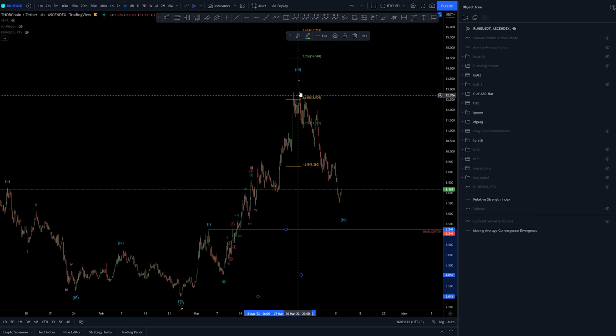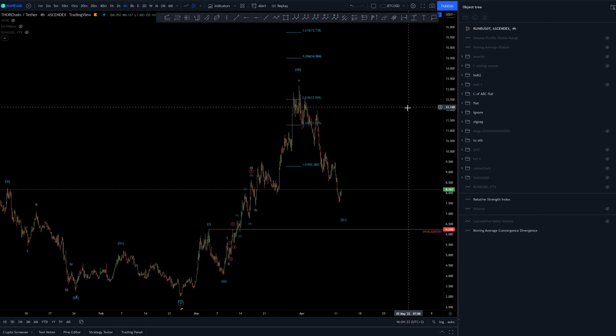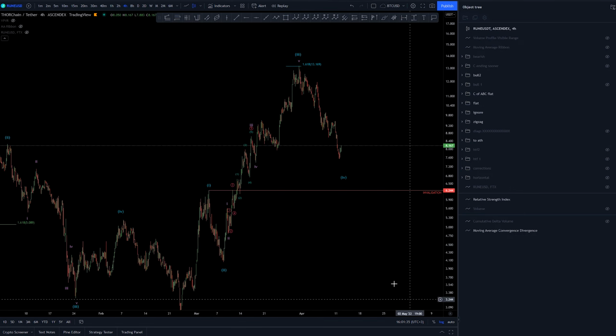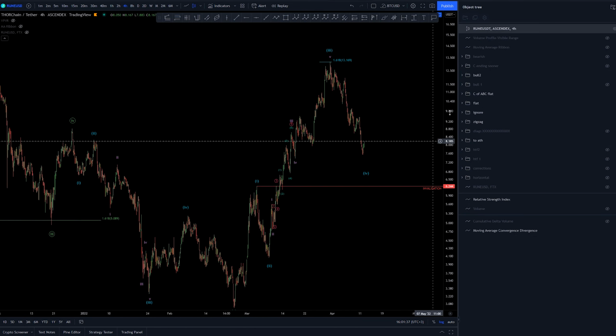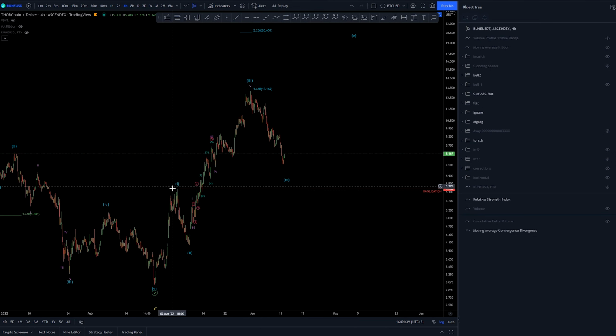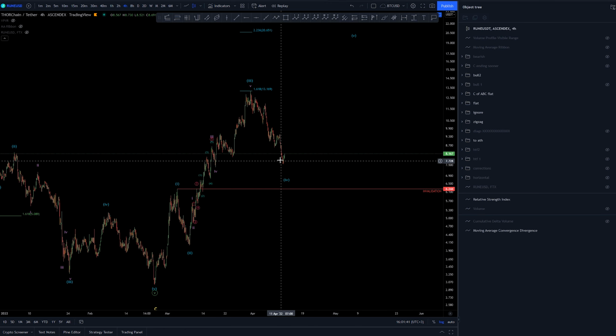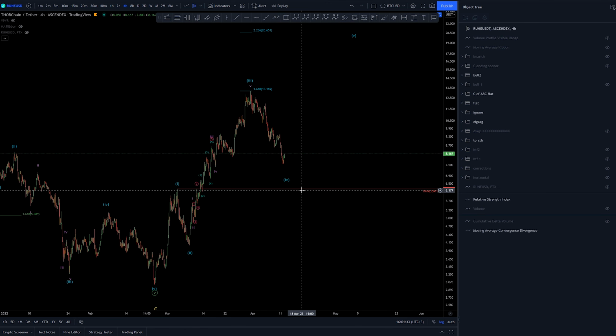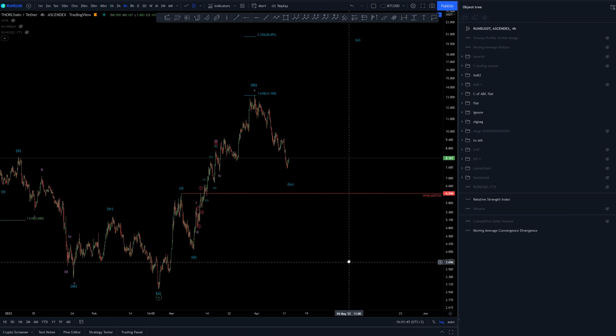Well, 2.618 is there, which would give us some kind of a possible target for arithmetic scale as well. Invalidation again on 1, so if wave 4 dumps down below here, we will forget this count.